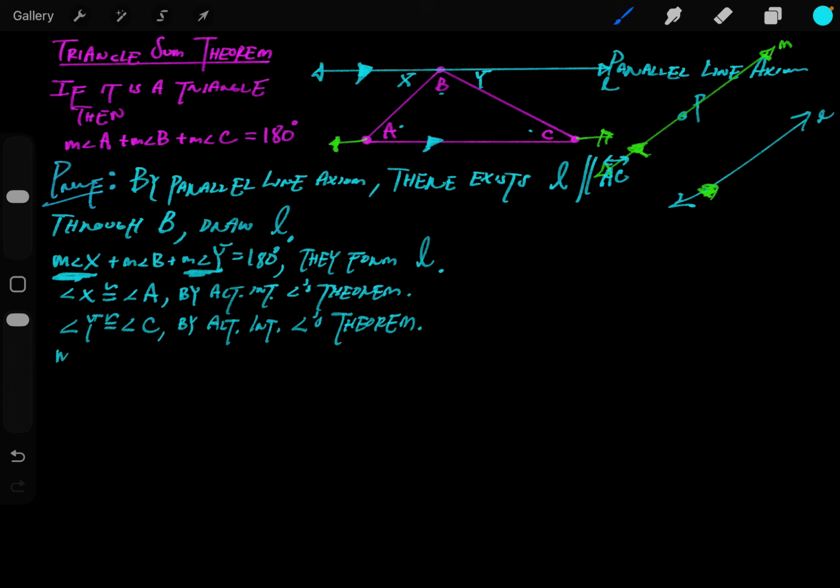So we have to say the measure of X is equal to the measure of A, and I'm just going to write the same thing for Y and C. These two are both the same reason, by definition of congruent angles.